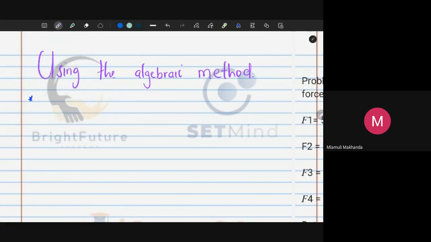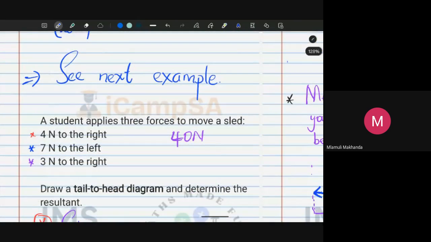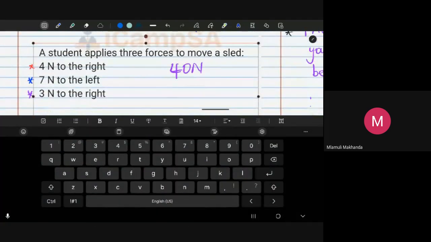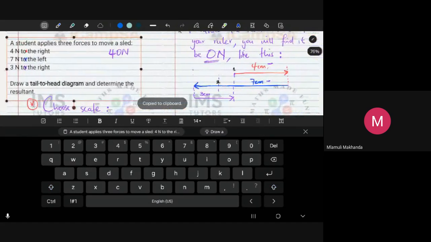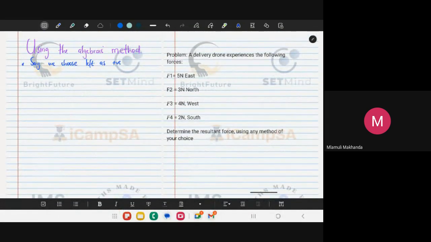Let's say we choose left. Because last time we chose right as positive. Just to show you, you can choose any direction. Right. Say we choose left. Now let's come back here. Where is it? Our problem. I want to take it and put it here.